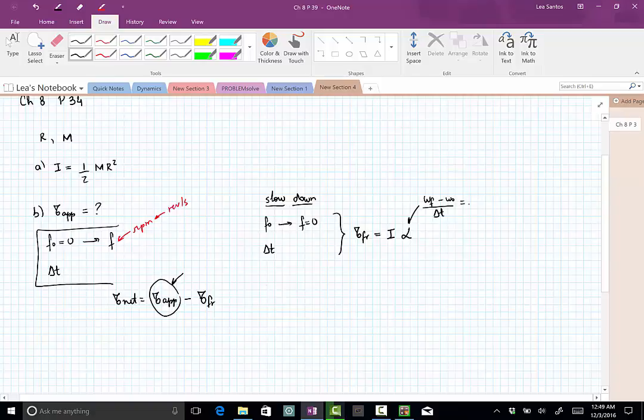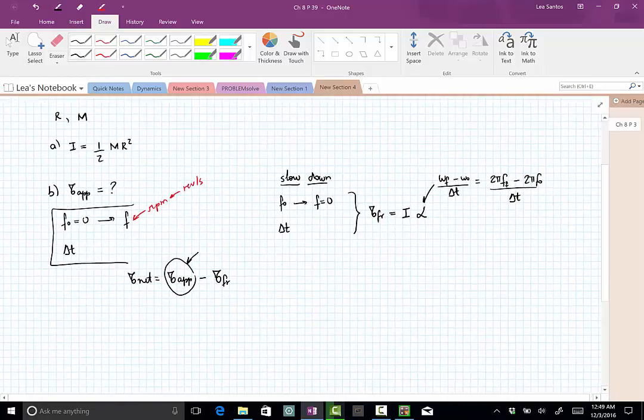And remember that the angular velocity is 2 pi frequency, the final, and the initial is 2 pi initial frequency, divided by delta t. So with that, we can find the acceleration associated with the friction torque.